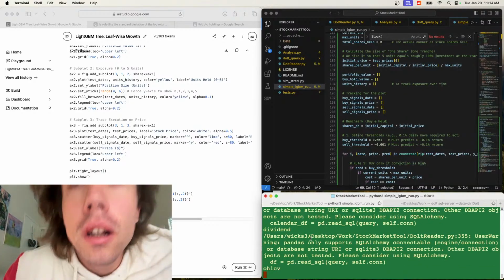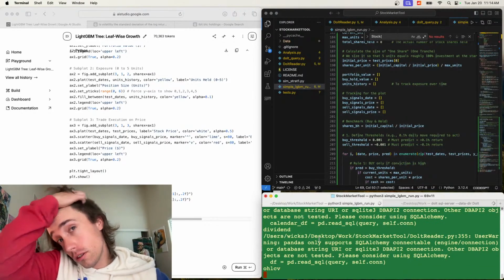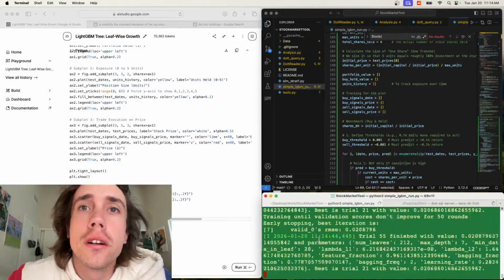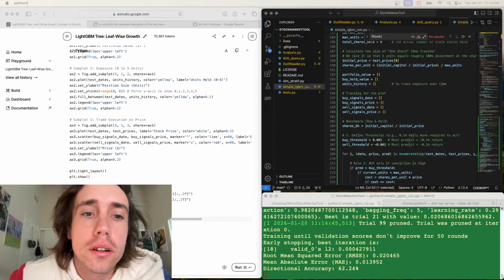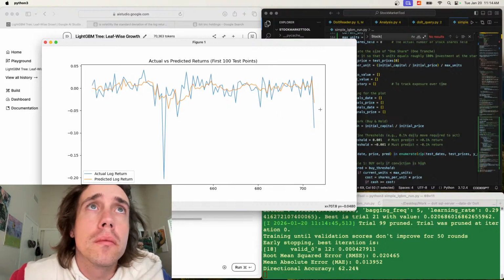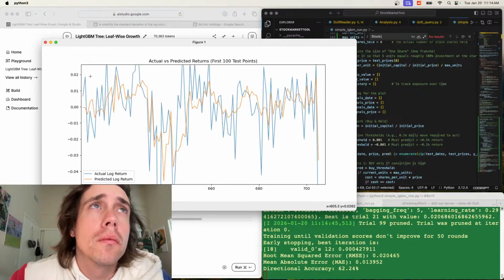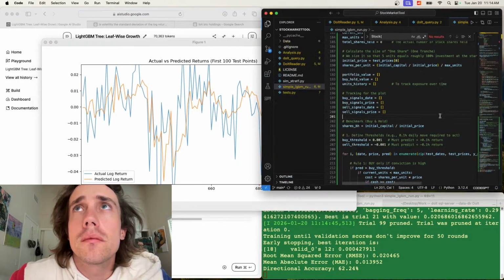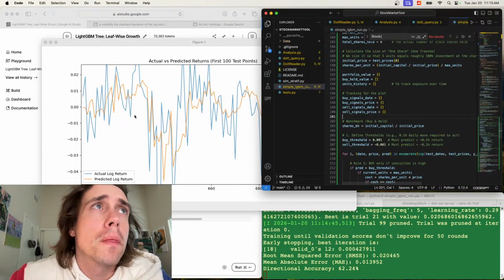Okay, so that didn't change anything. So we want to change the buy and sell thresholds. .001 is kind of less, so maybe 0.05.